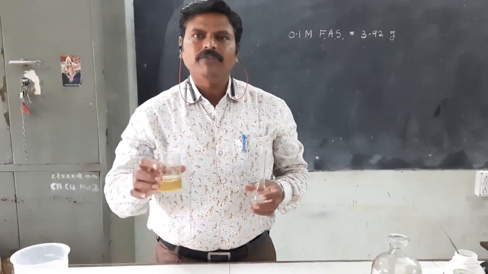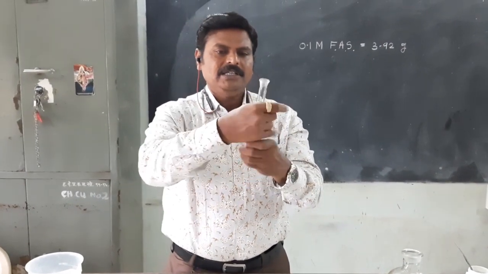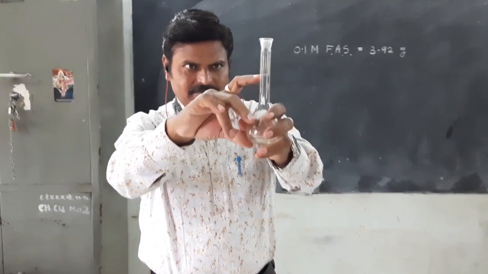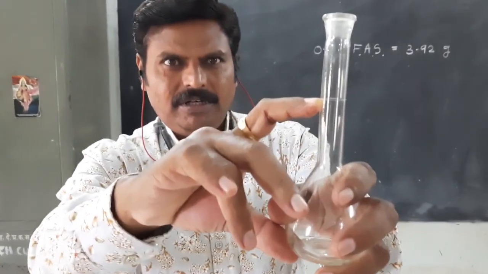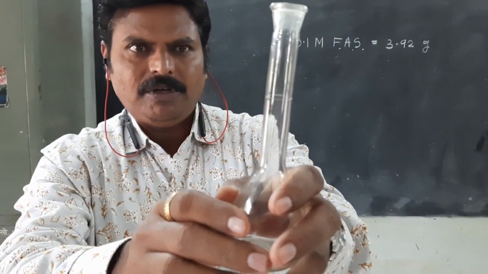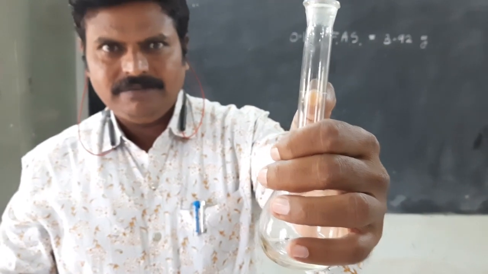Pour the solution of ferrous ammonium sulfate in volumetric flask. See, this is the 100 ml level of volumetric flask. Means we have to maintain the solution up to this mark.